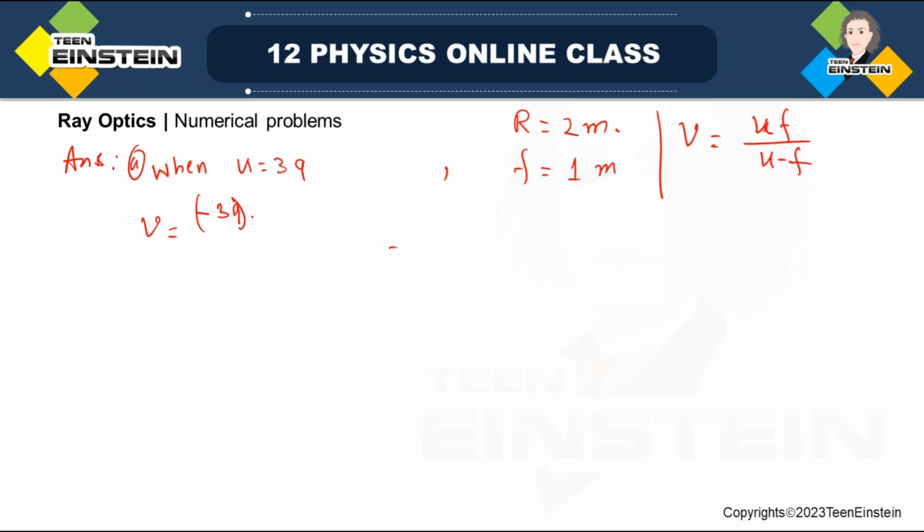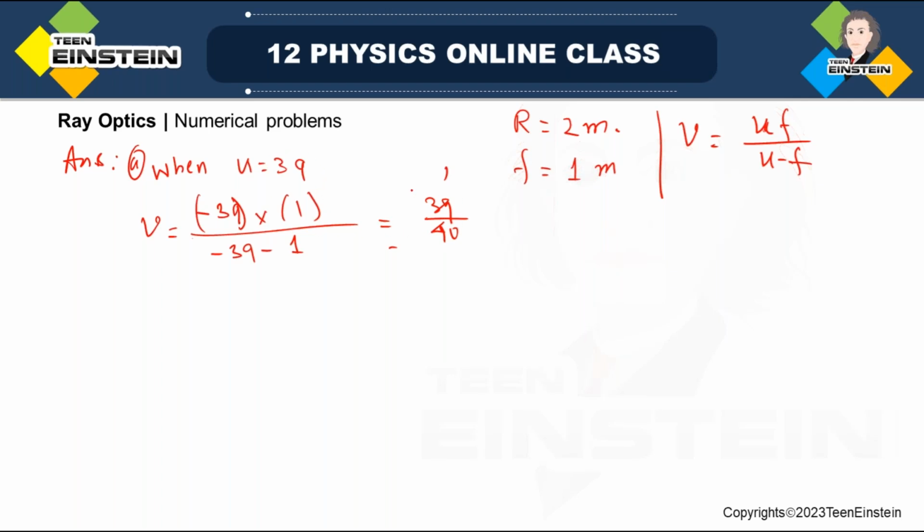Minus 39 into f, which is 1, divided by u, which is minus 39 minus 1. So this will be 39 by 40.